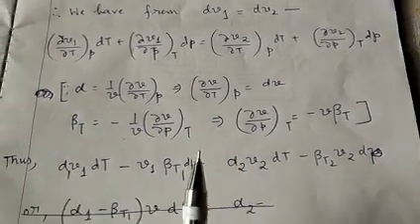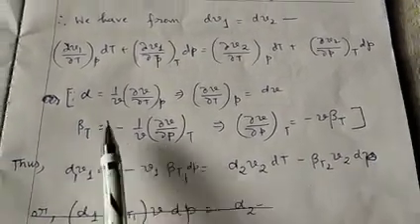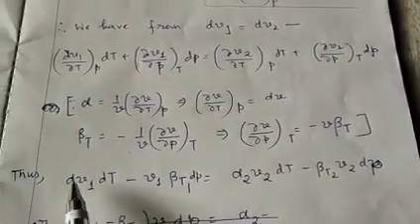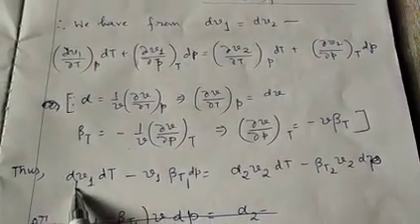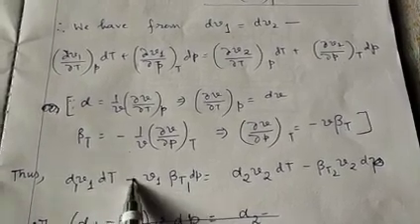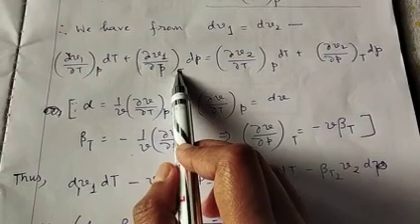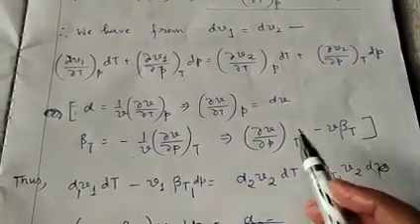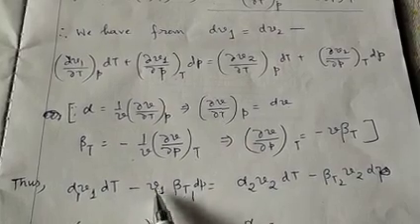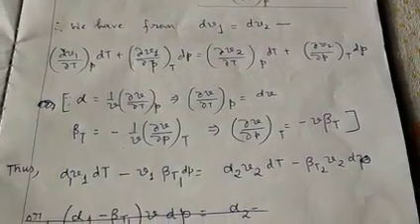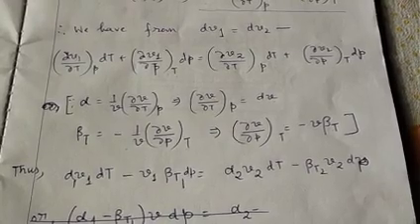If we replace with these terms, on the left hand side we have the phase 1 terms: alpha 1 V1 dT minus V1 beta T1 dP, equal to, on the right hand side, only the phase 2 terms.